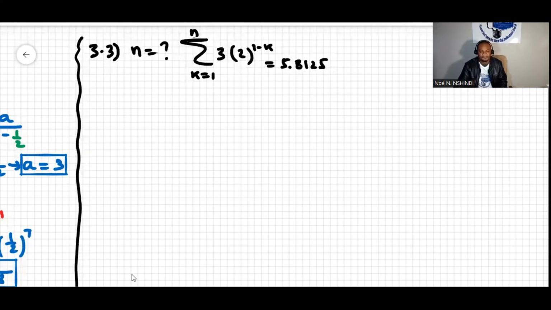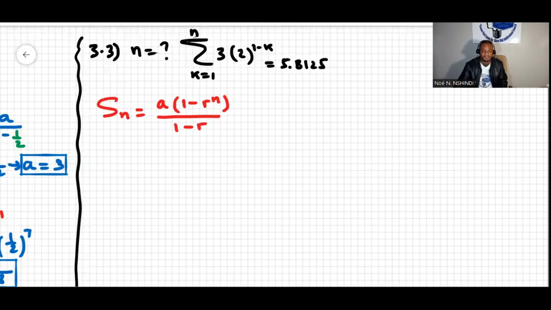Now, what can we do then? The same sigma notation can be written using the sum for a geometric pattern, which is given by Sn equals a, open bracket, 1 minus r to the power of n, close bracket, all over 1 minus r.